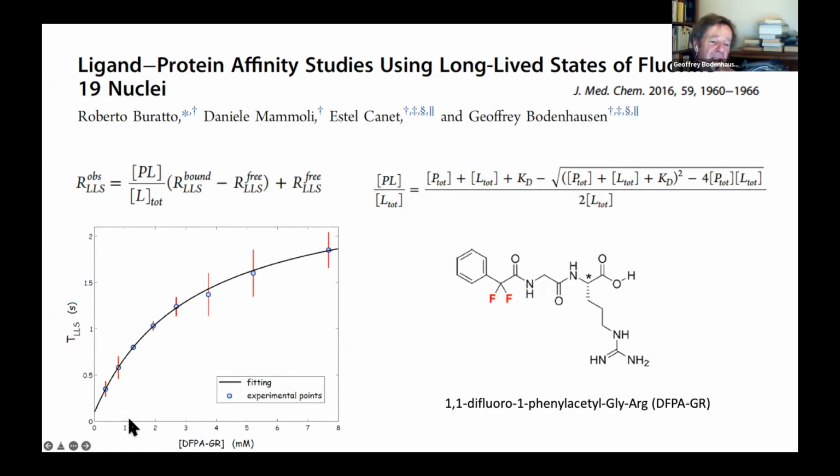So what we see here is a titration where this particular crazy molecule has been increased in concentration against a constant background of protein. And this gives a very nice curve following this expression and allows you to determine KD very accurately.